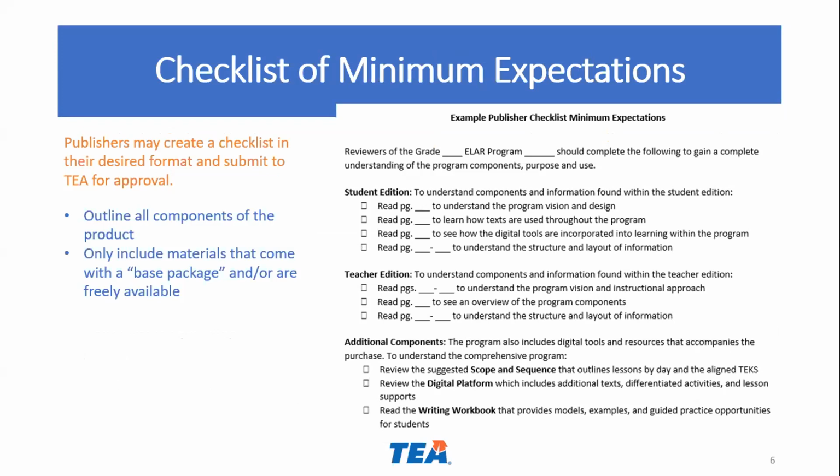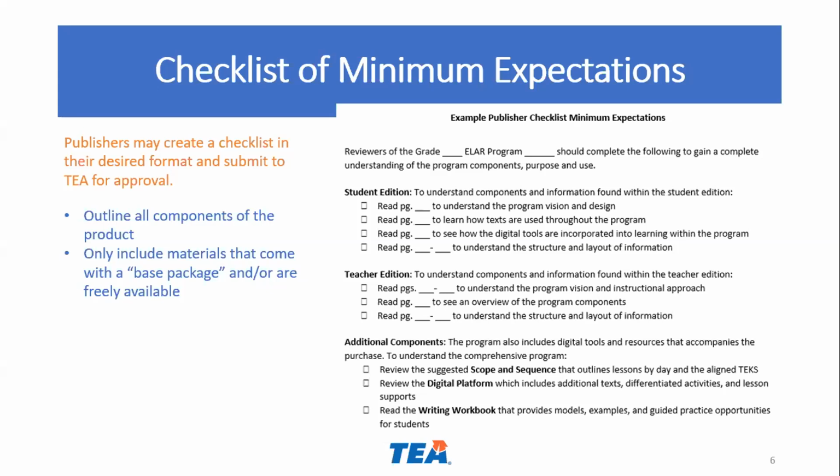You can create your own design, either Word or PDF, and submit it to TEA for approval. We do review prior to sending to the independent review teams to ensure that there isn't any marketing material and if we have any additional questions. The checklist should outline all components of the product.